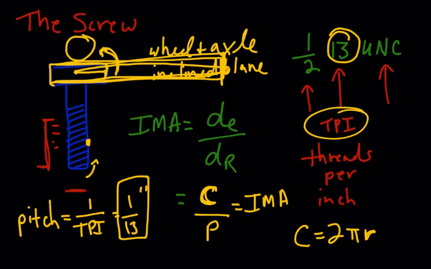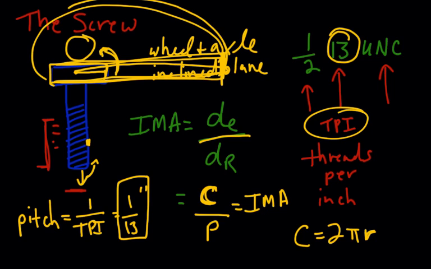So the screw's a little interesting to calculate. It can be a little difficult to get it all through, but it's going to be the effort distance, which of course would be how far you're going to apply your effort, which would be the circumference of this thing out here, over how far it's going to go down into the hole. If you turn this wrench around one time, it's going to go from one thread down to the next thread. So it's going to be what we call the pitch.